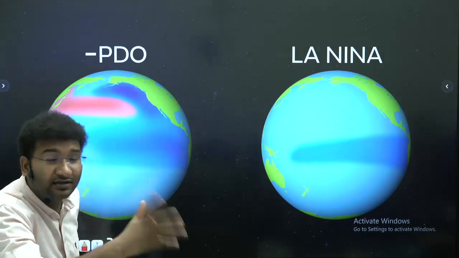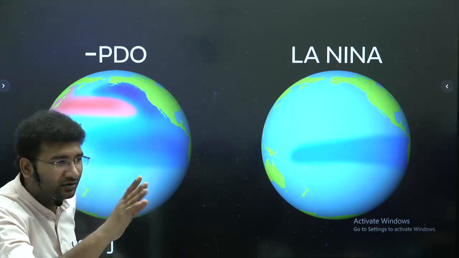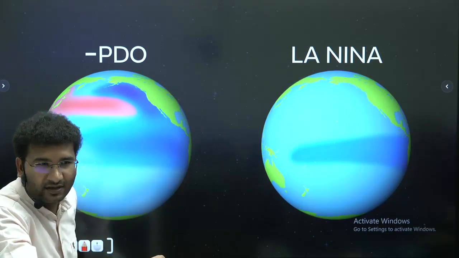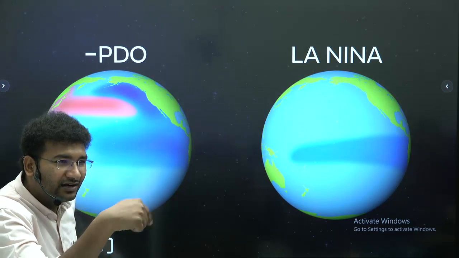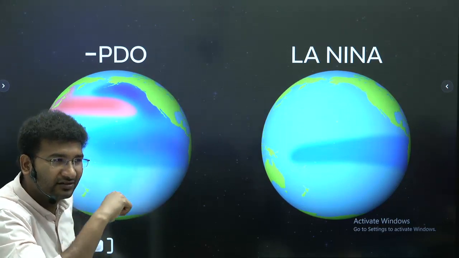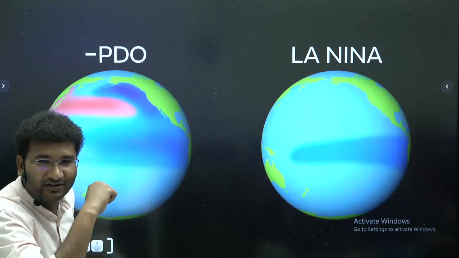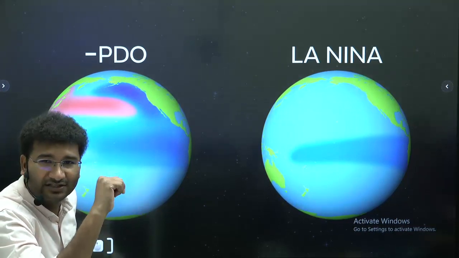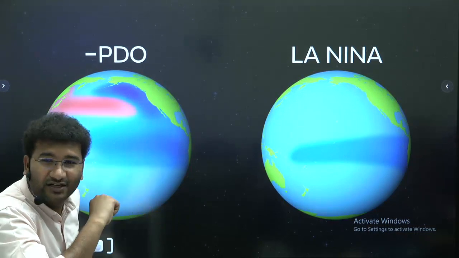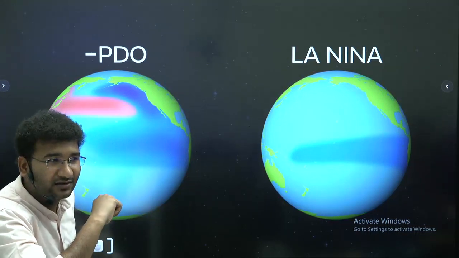But collectively, the IPCC did not come to a conclusion that this is the reason. Now, don't you think if we get to know the reason, NCERT would have written it, your textbooks would have written it, your IPCC reports, Intergovernmental Panel on Climate Change, they'll start to negotiate on this.